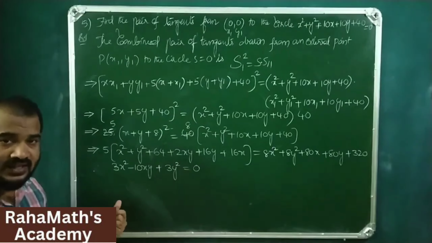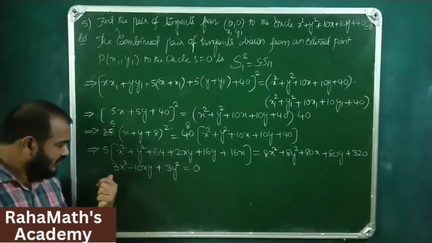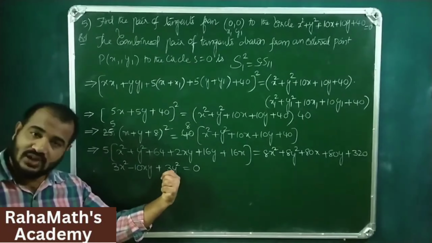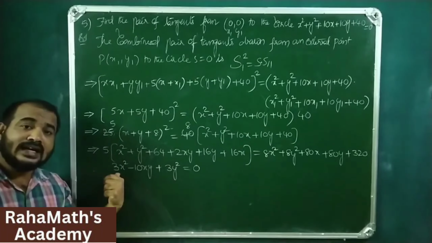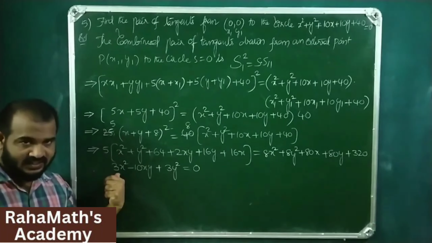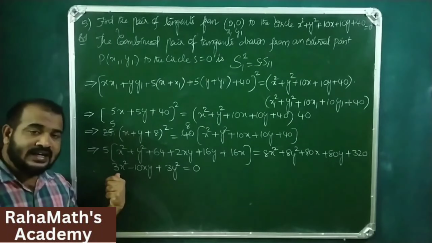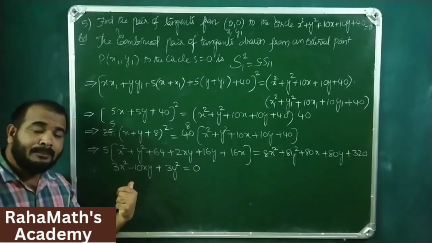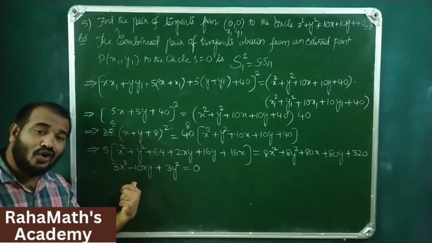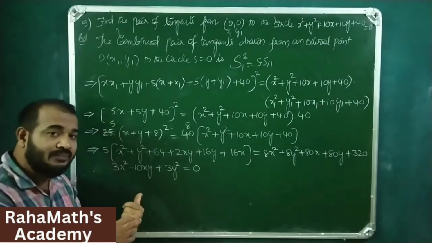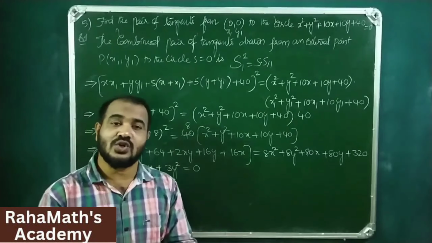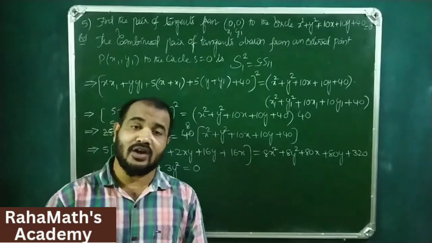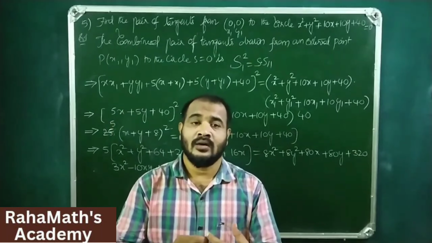See, last year, this is of the form ax square plus 2hxy plus by square equals 0. This is the second degree homogeneous equation, the combined equation of the pair of lines passing through the origin 0, 0. That is why last year L1x plus M1y equals 0, L2x plus M2y equals 0 is what we took into account while proving the theorem.